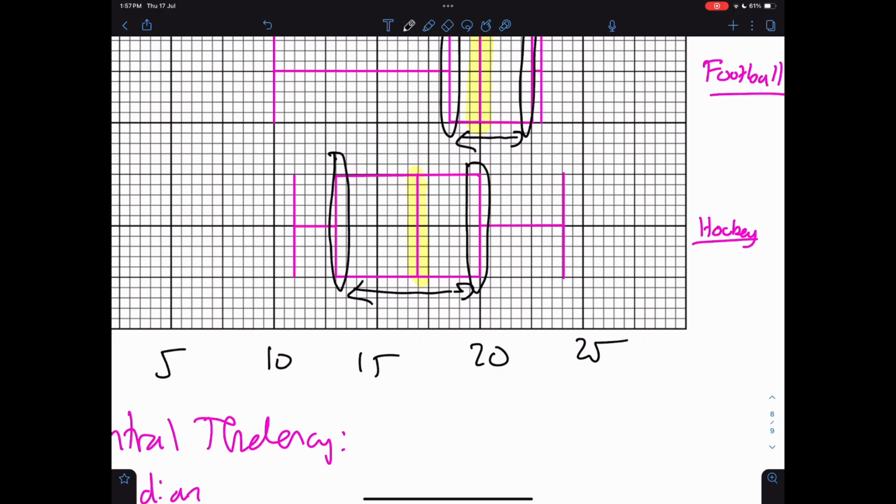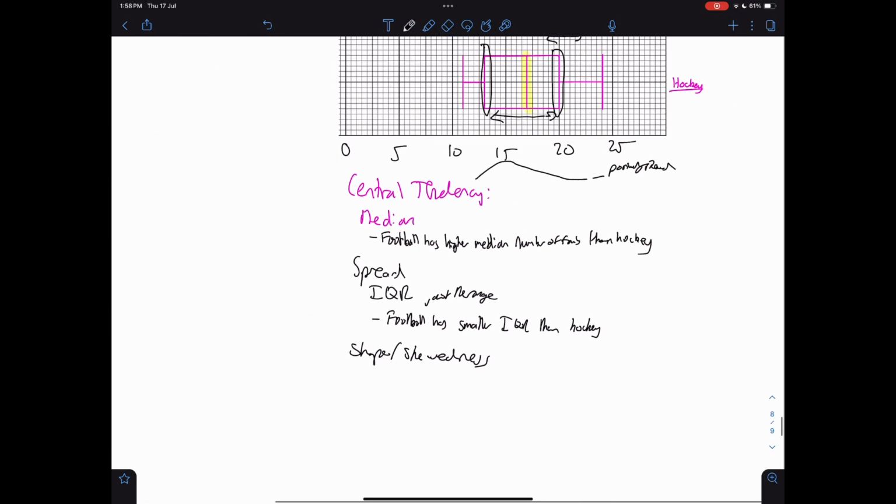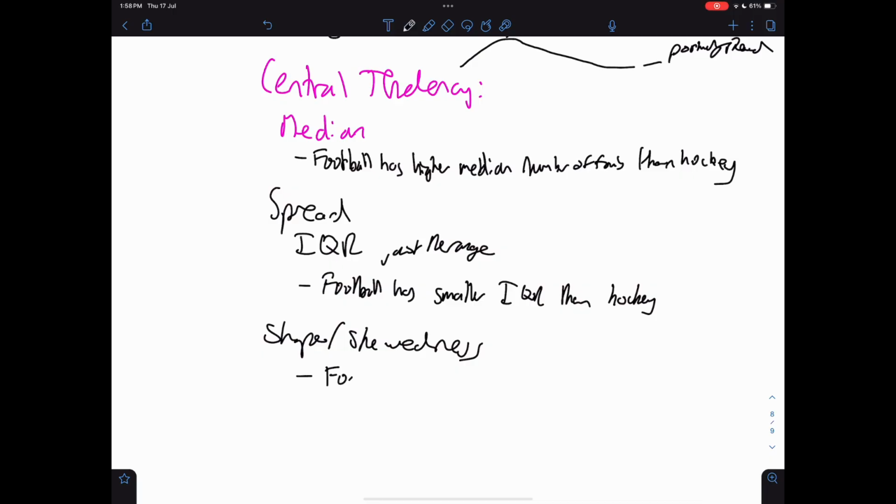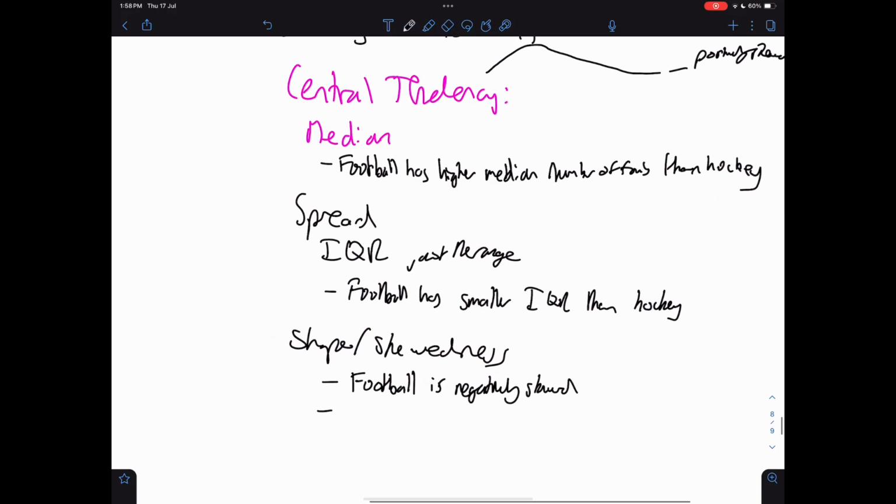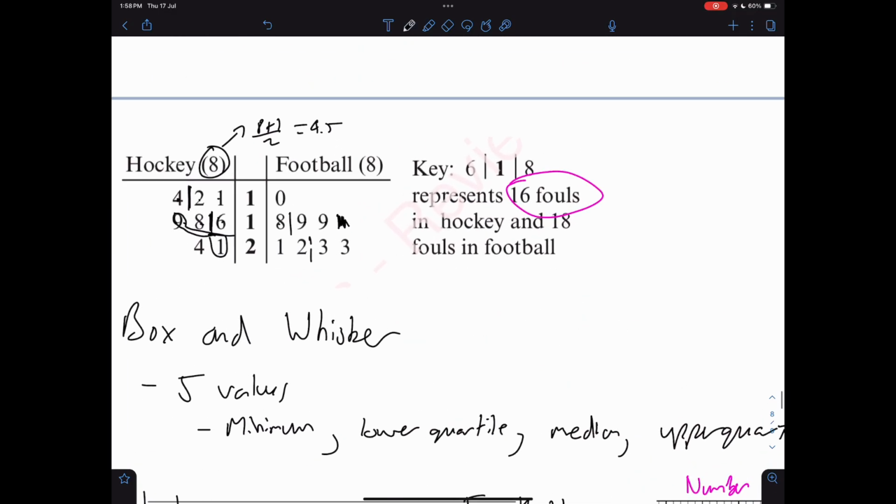But still it is slightly positively skewed, but it is mostly symmetrical.